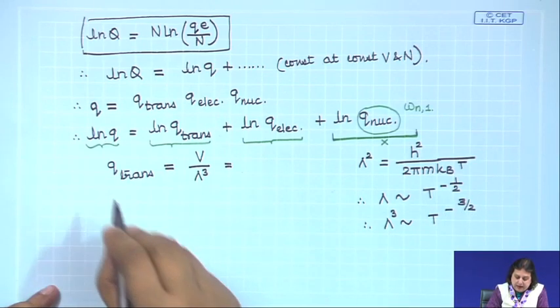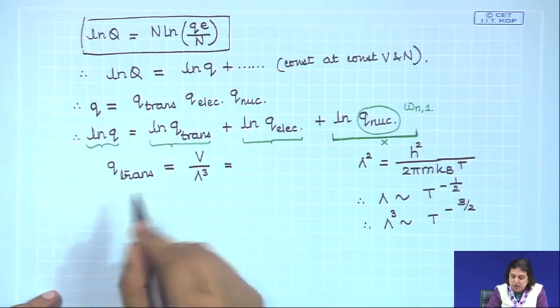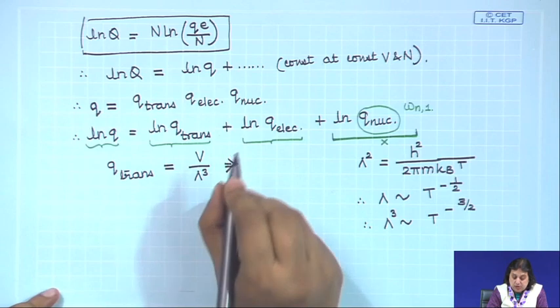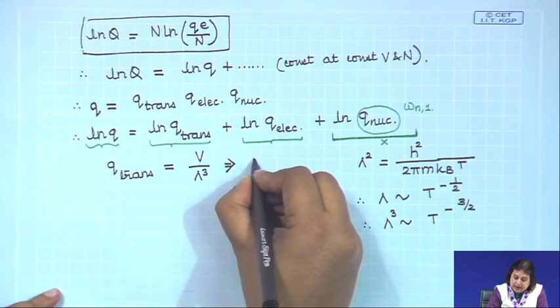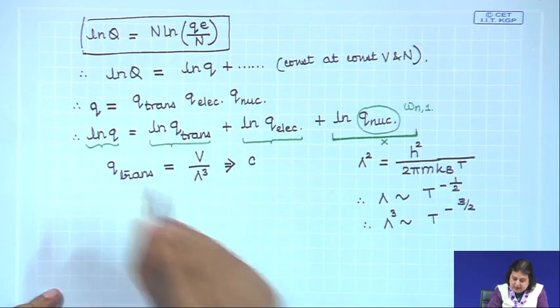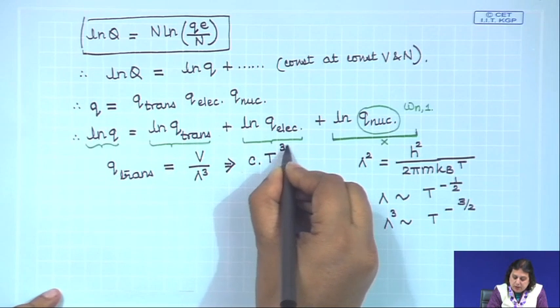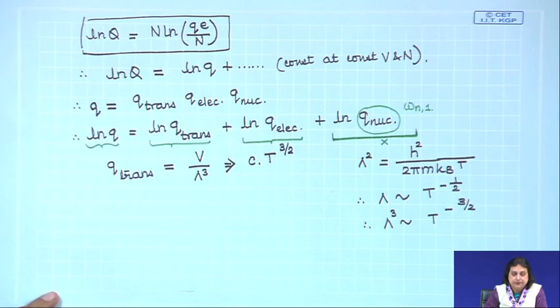As a result, under the condition of constant volume and number of particles, I can write q trans as something into T to the power of 3 by 2.